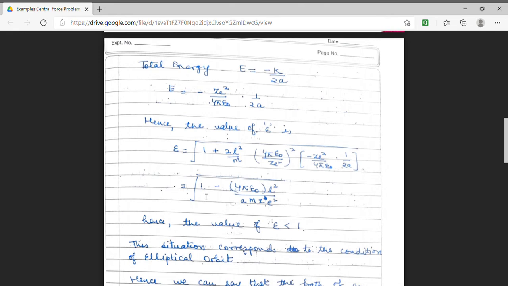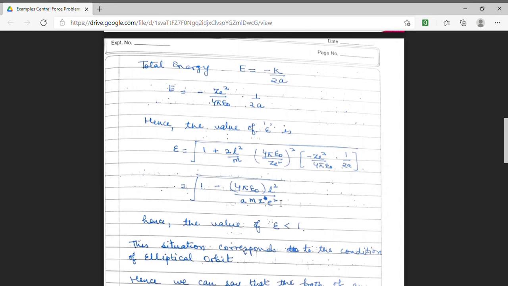From here we can say that the value of epsilon will be less than 1. 1 minus this factor, which is a constant factor, will make the value of eccentricity less than 1. And as I have already stated, this situation corresponds to the condition of an elliptical orbit. Hence we can conclude from our calculation that the path of an electron which is moving under the influence of a nucleus is elliptical in shape.